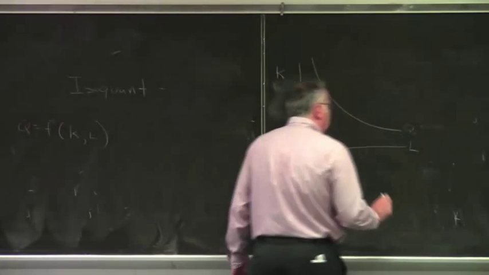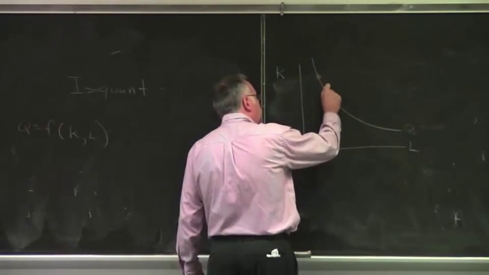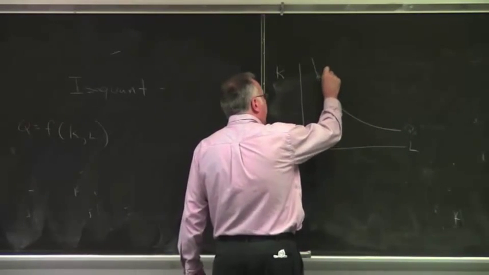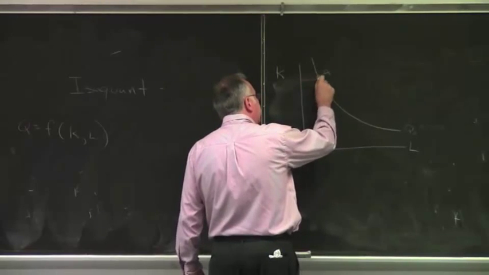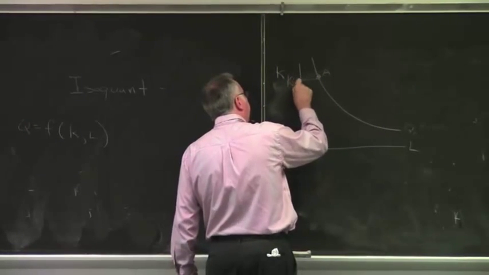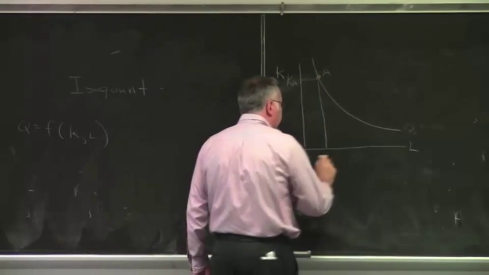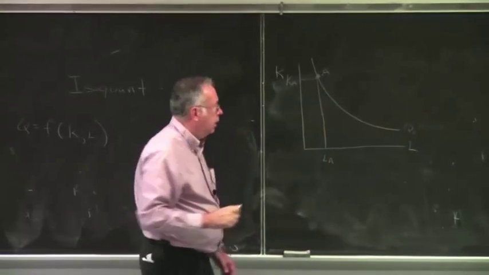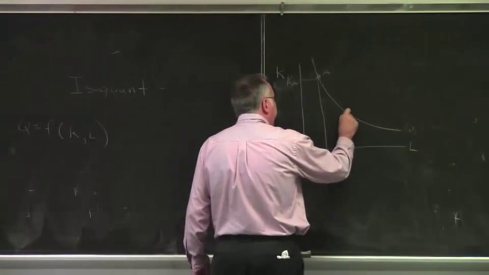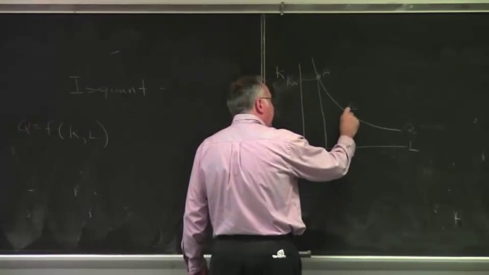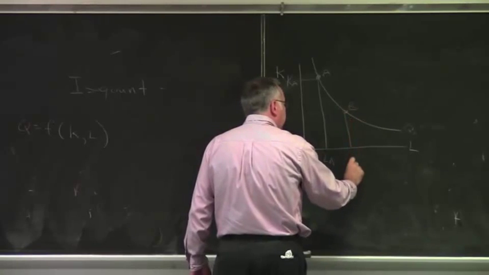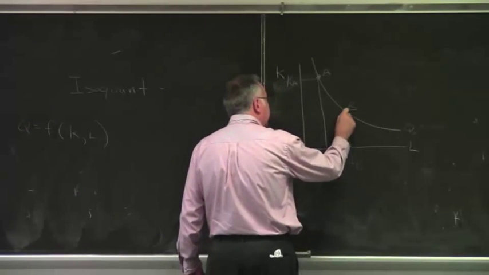Then this curve would show that at point A, you could use this much capital and this much labor and just produce 100 tons of steel. Or you could use this point right here, point B, which corresponds to using this much labor and this much capital.